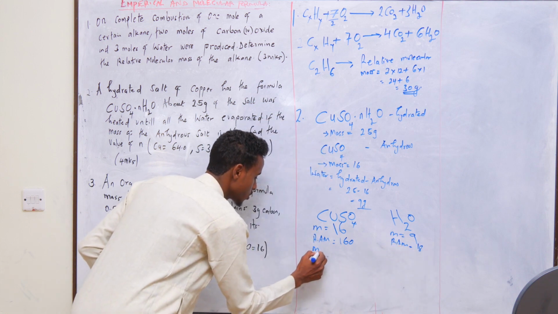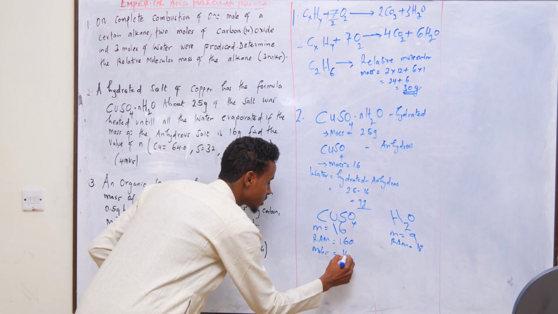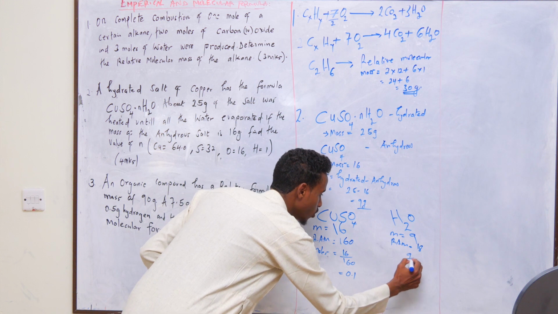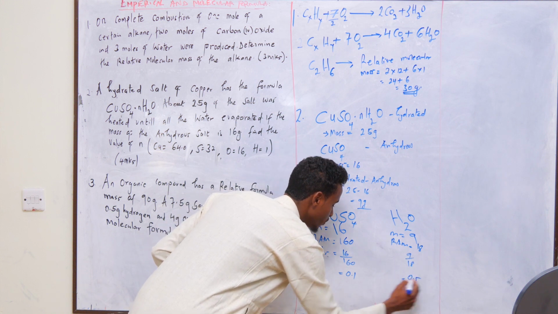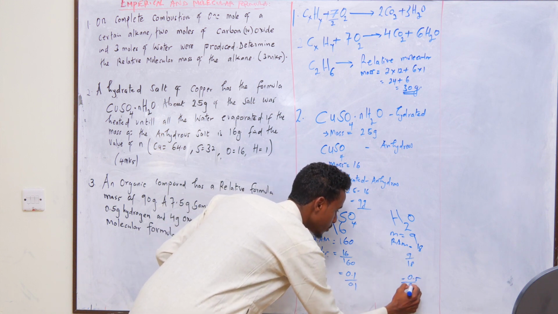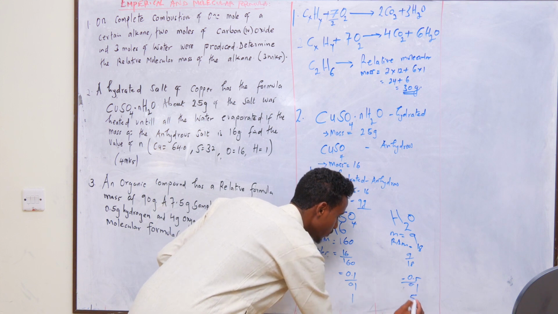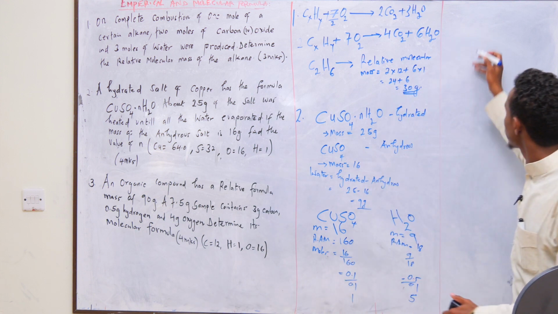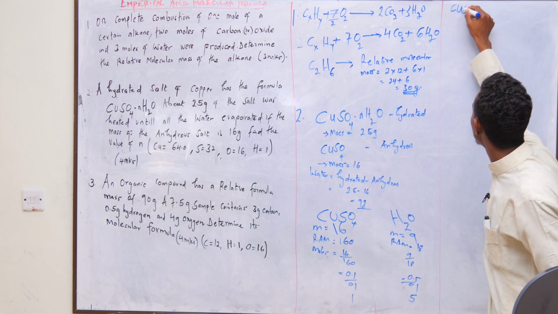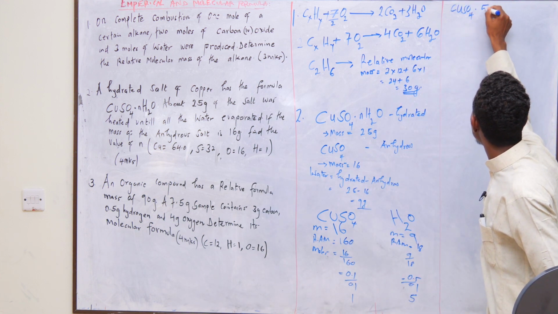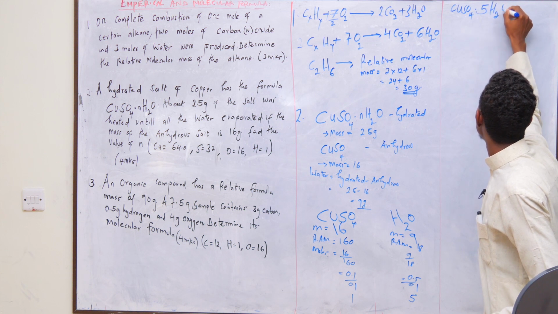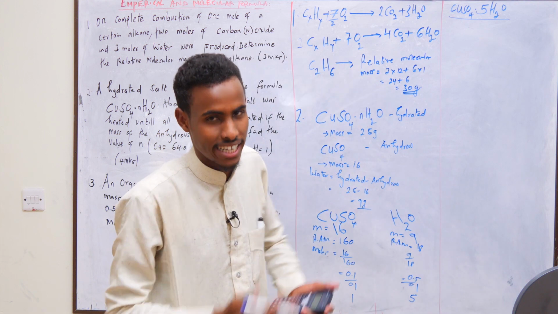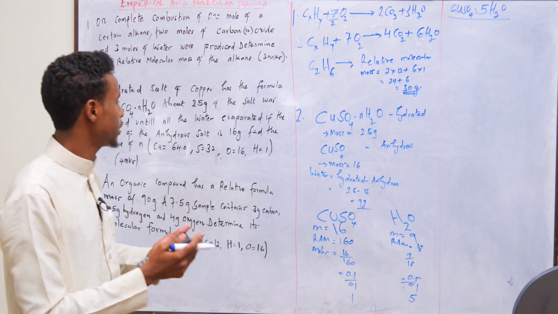Now moles: 16 over 160 is 0.1, and 9 over 18 is 0.5. Dividing by 0.1, we get 1 and 5. Therefore it will be copper(II) sulfate, n is 5, water: copper(II) sulfate pentahydrate.